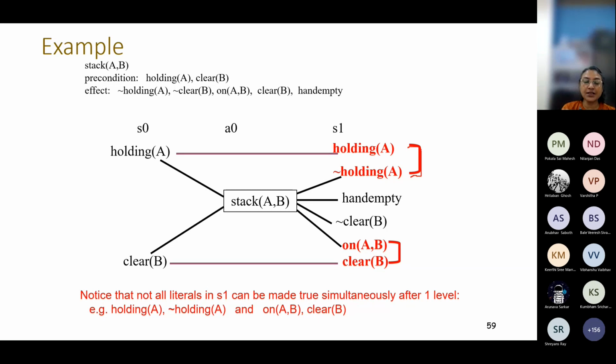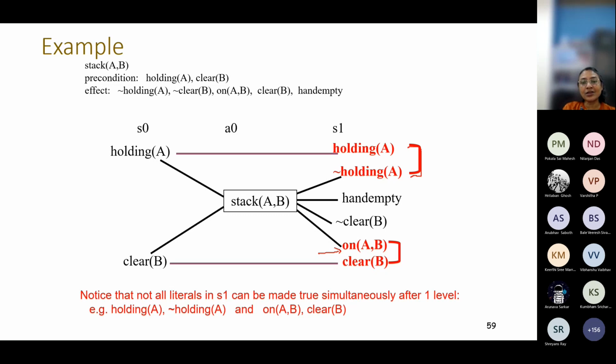So two propositions are mutex at a given level if all ways of achieving them cannot be done together. You see, clear B is obtained by this persistence action. But stack AB was not true earlier. On AB is added through the effect of stack AB.